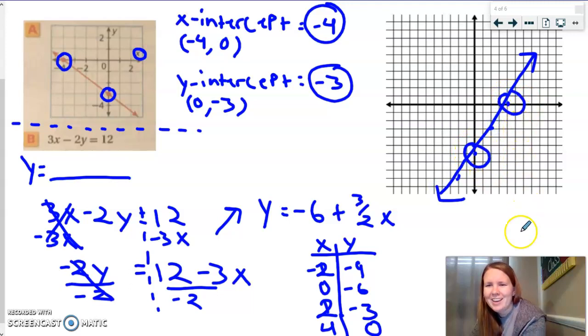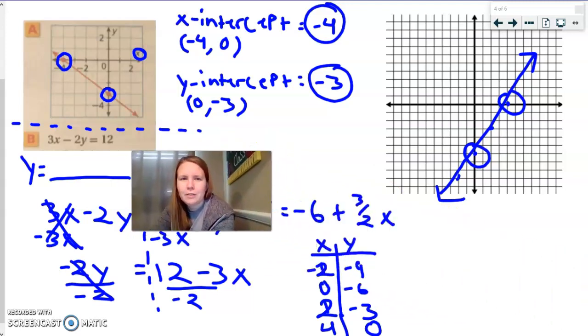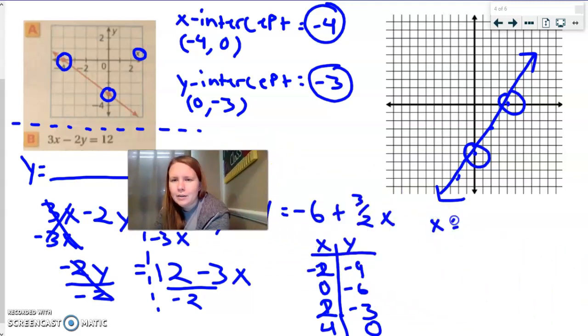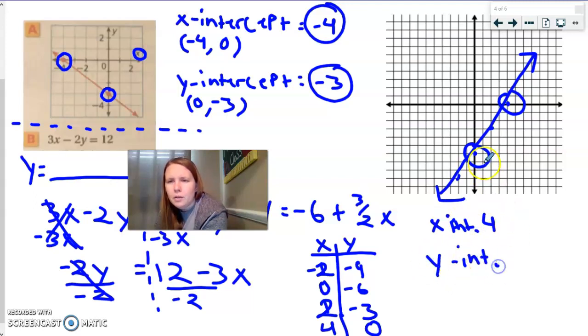My x-intercept, let's move this over here, my x-intercept is right here at 4. And my y, and I'm just going to abbreviate it, my y-intercept would be at negative 6.